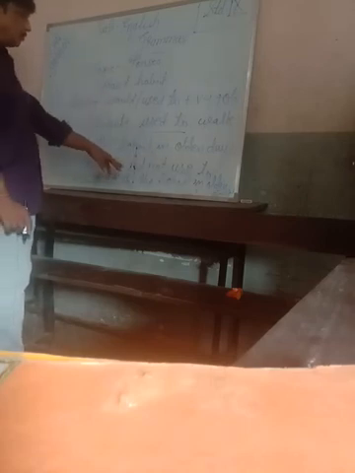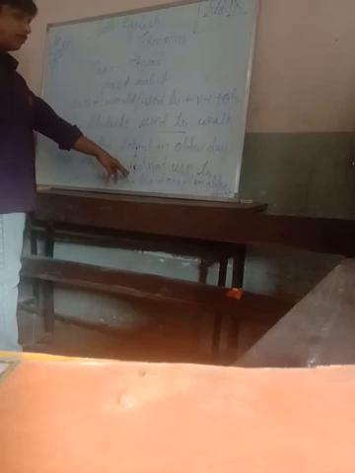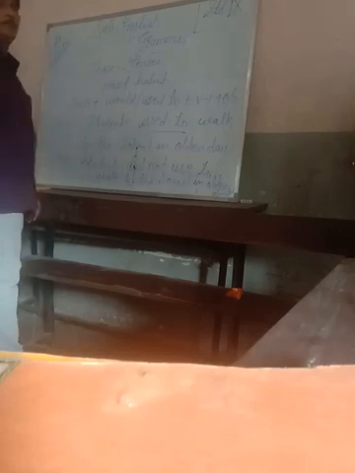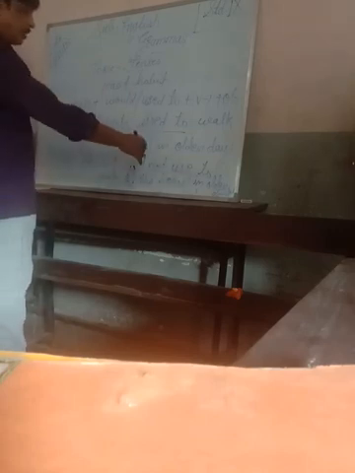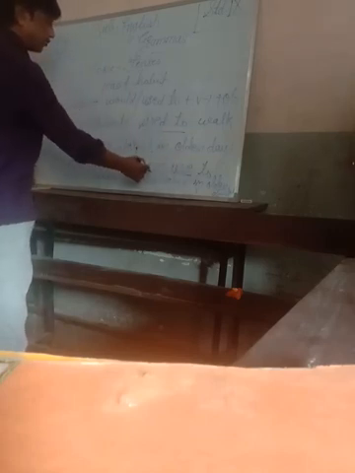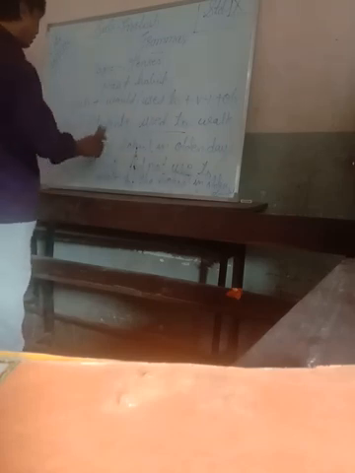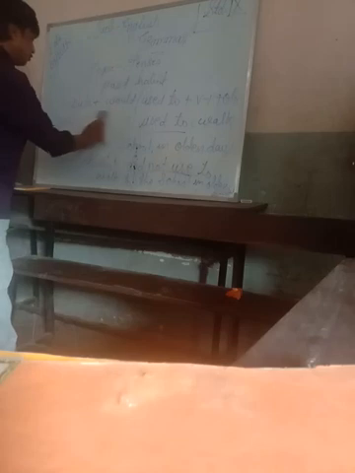Because the did is already there in the past form, that helping verb. It is the past form of do. So we had taken here the first form of verb as per the rule. So these are the only changes made in the negative sentence. Correct? One more sentence I am going to give of this kind.